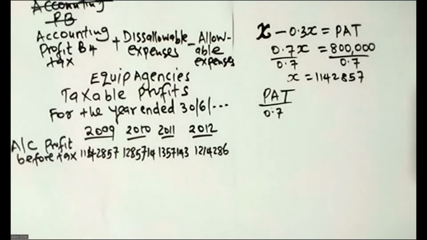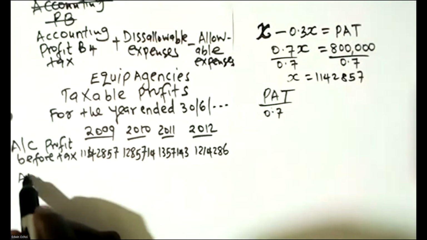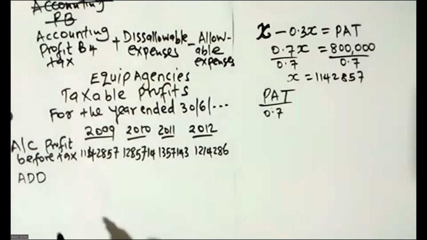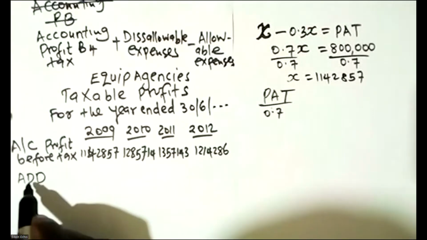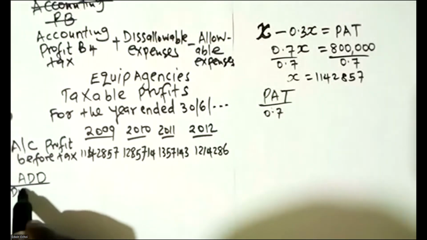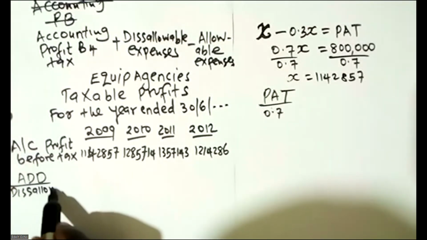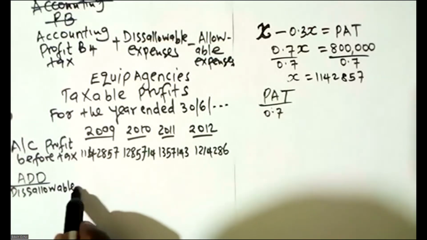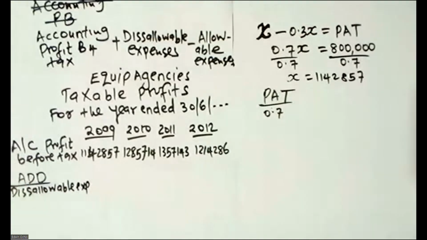Then I add disallowables. The disallowable expenses are, for example, depreciations, donations, amortizations.